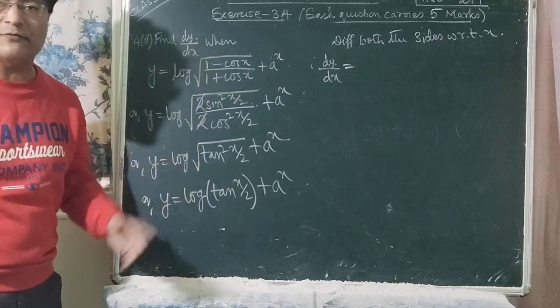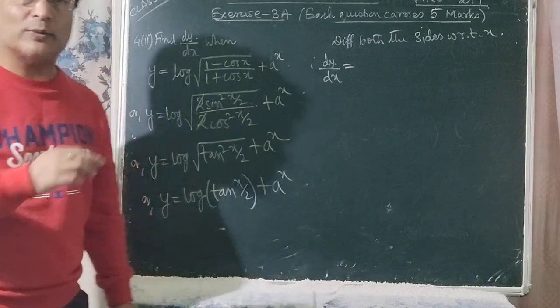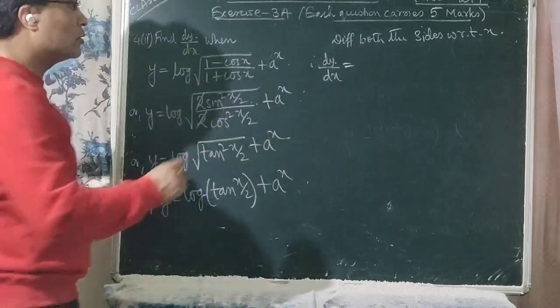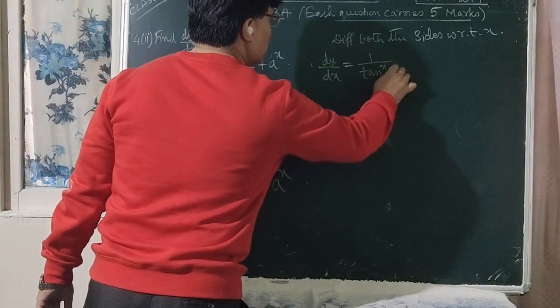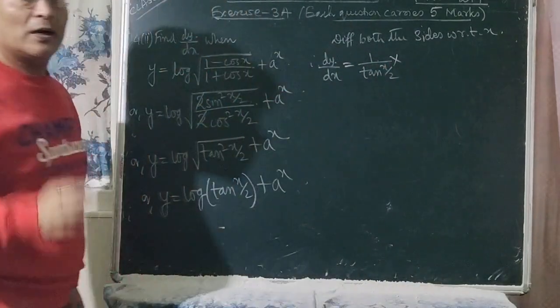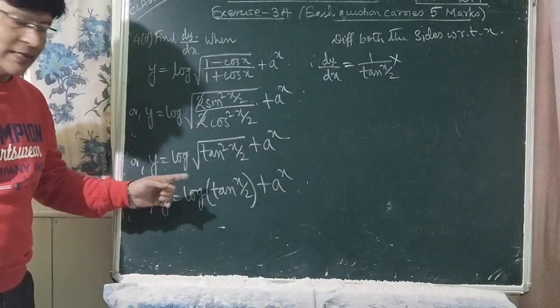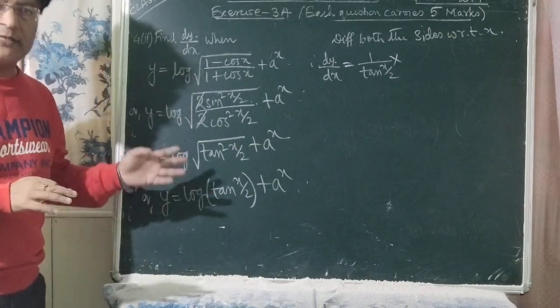First of all, it is in the form log x. What is the differentiation of log x? It is 1 upon x. Which function is taken as x? Tan x by 2. So it is 1 by x, meaning 1 upon tan x by 2 into, again you have to differentiate the term which is assumed as x. That is, tan x by 2 is assumed as x. Now differentiate tan x by 2.